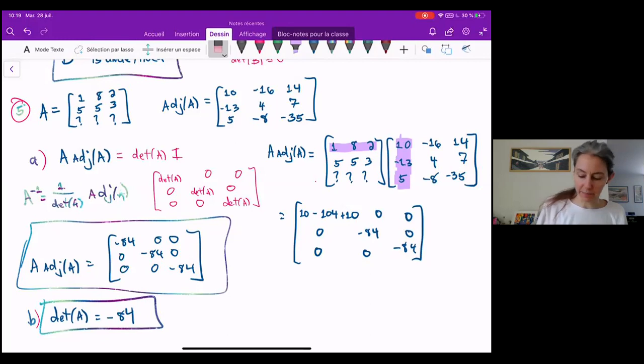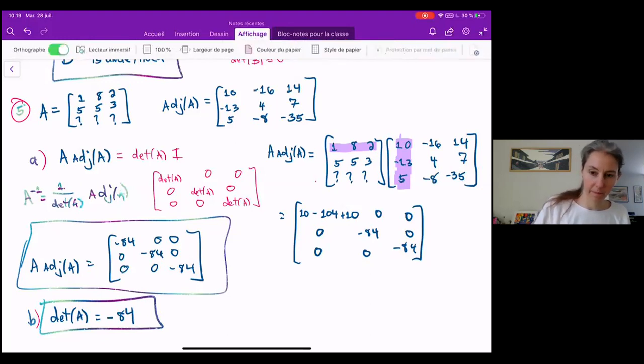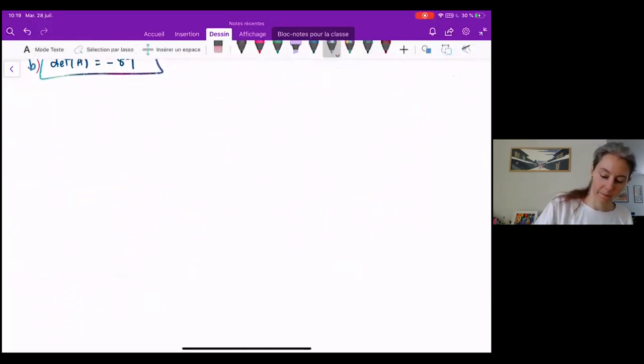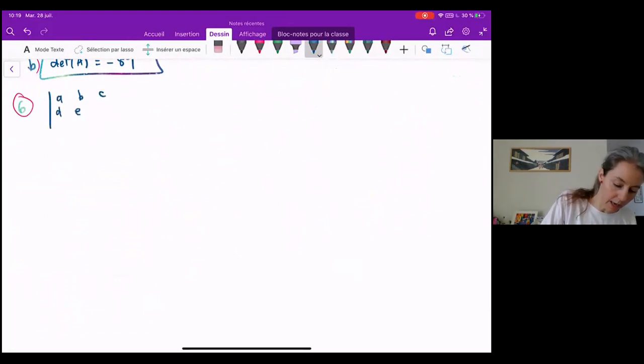Okay, 6. So here we are given that the determinant of A, B, C, D, E, F, G, H, I is equal to 6.